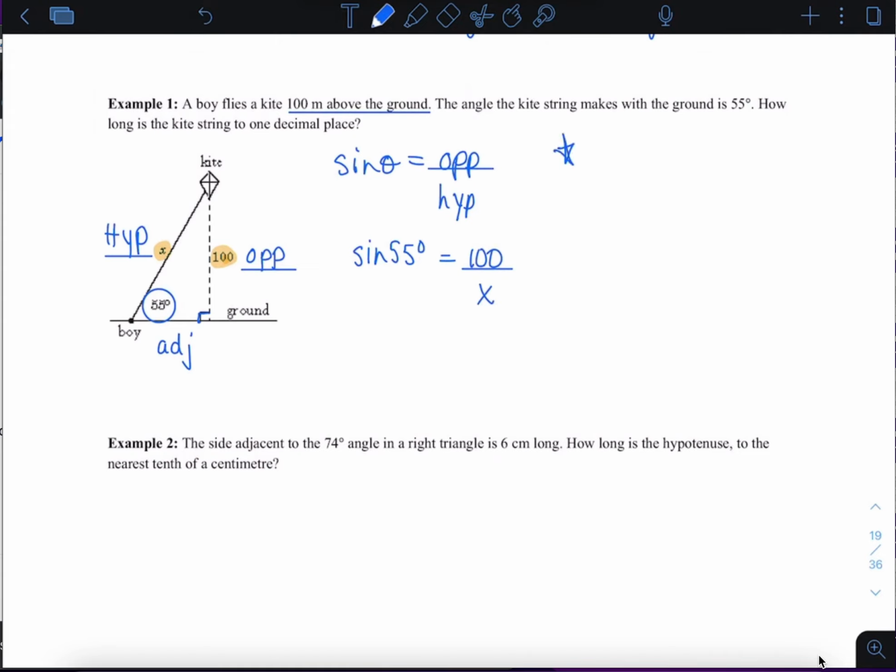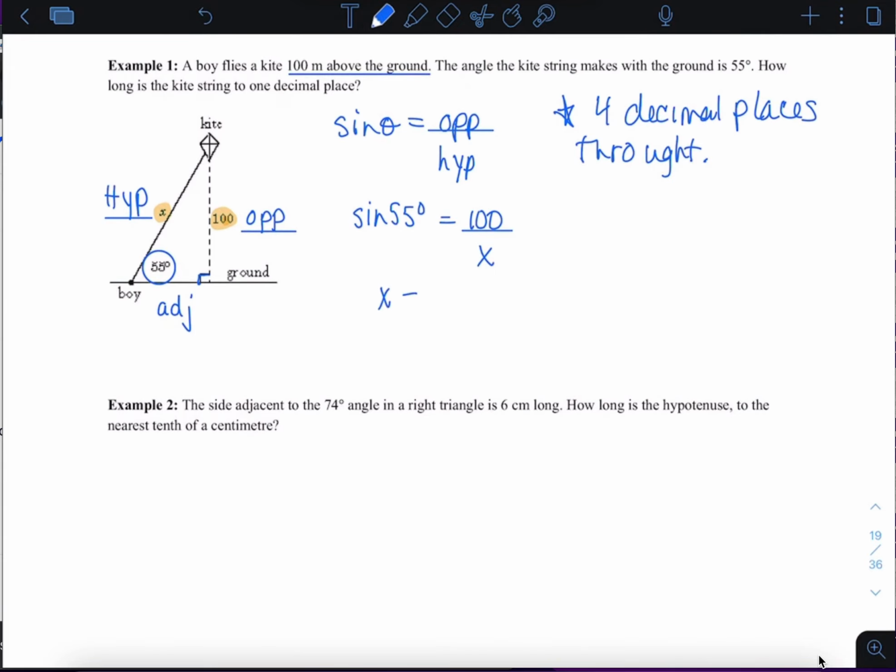Okay, and now is a good time to tell you that throughout your calculations, you should use 4 decimal places, and then you round at the end, the very last line, which means it's advisable for us to not put sine 55 into our calculator until we really need to.